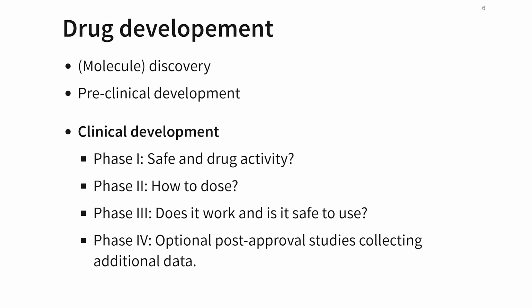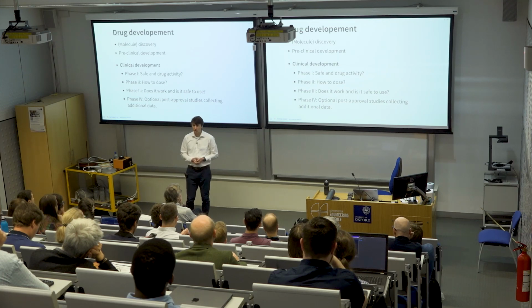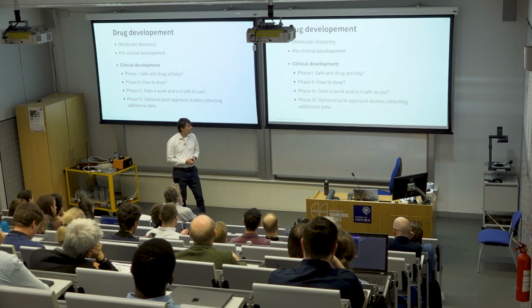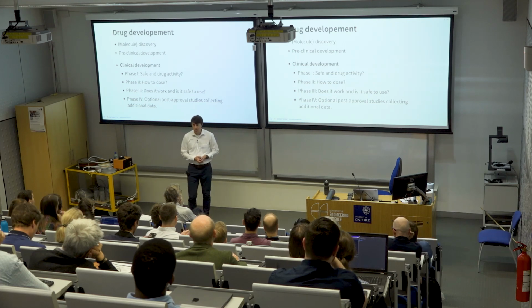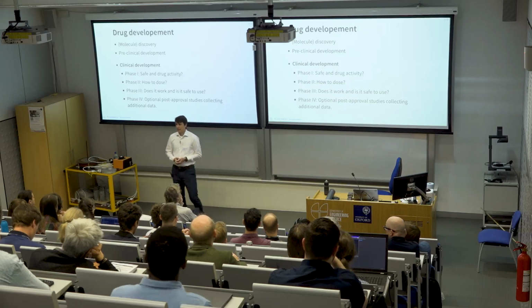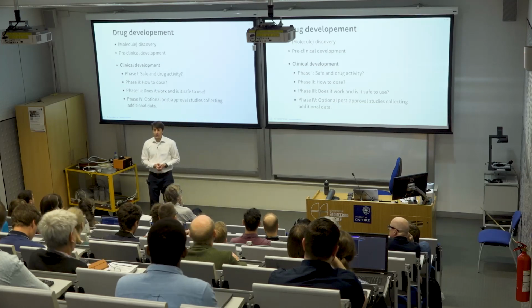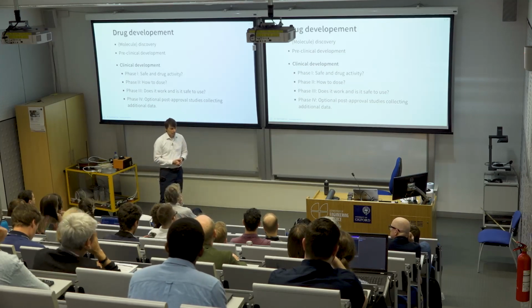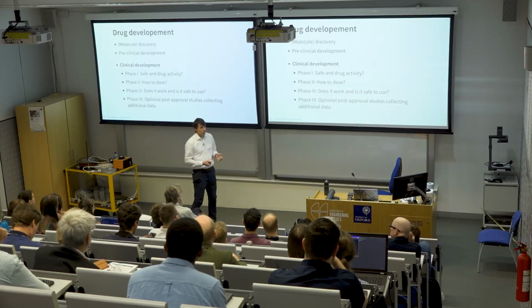Phase 1 would be, we're asking the question, is the drug safe and does it actually do anything, hopefully useful? In phase 2, we would ask, how should we dose? Should we give it daily, weekly, twice a day, or in what strength should we give it, and so on? Should we make the dose dependent also on weight or things like that?